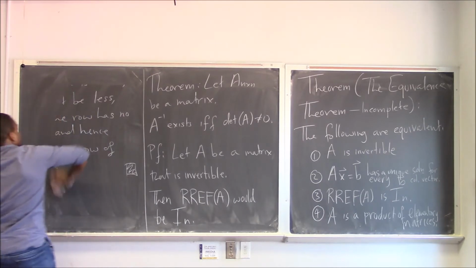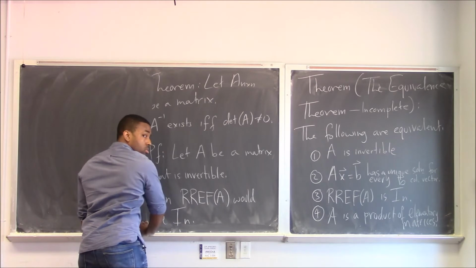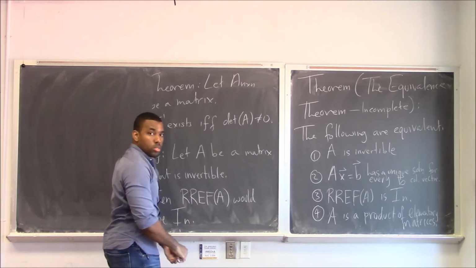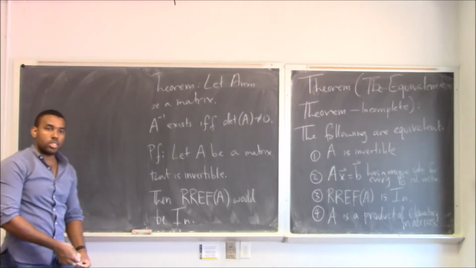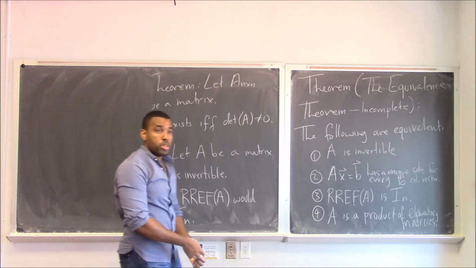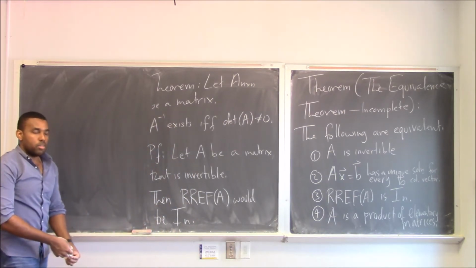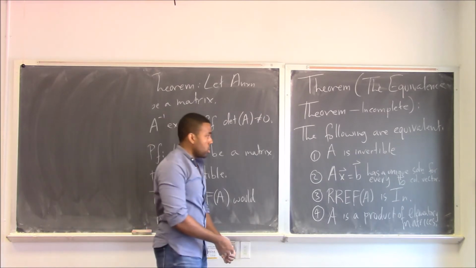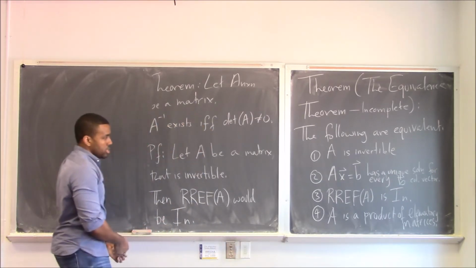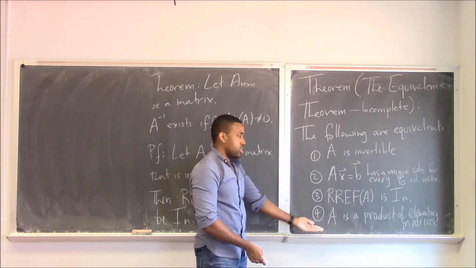Okay, so do we remember what that statement means? The following are equivalent? You get one, you get all the others, and if you don't get one, you don't get all the others. They will all be true or all be false at the same time. So if you have a matrix and you know it's invertible, you automatically know all these other things.